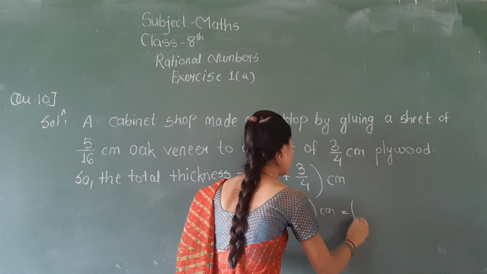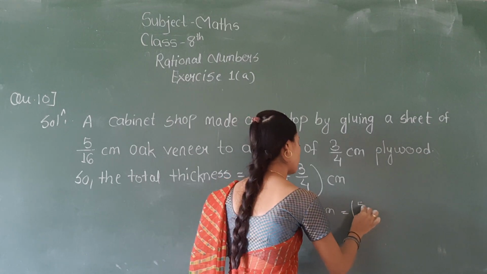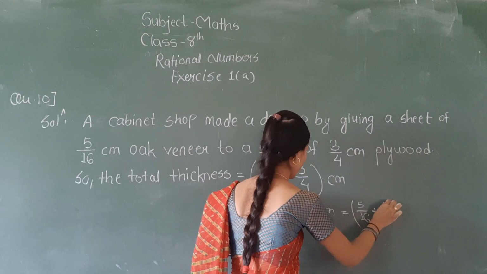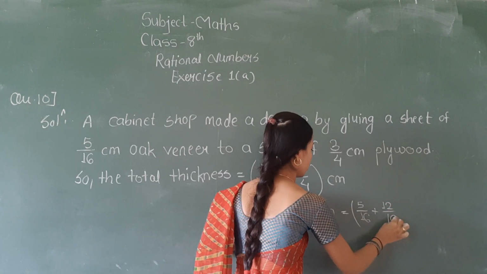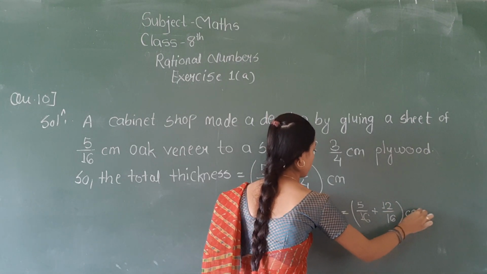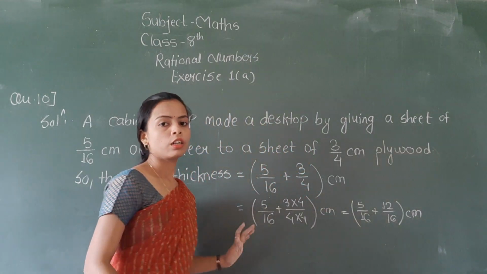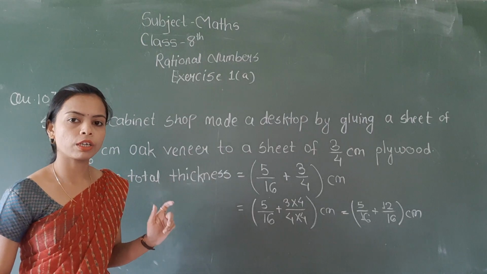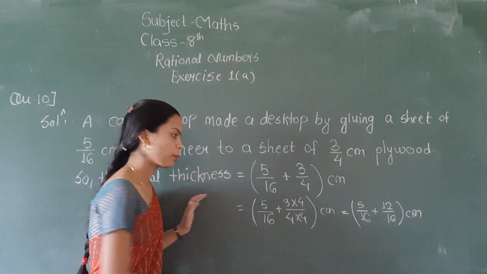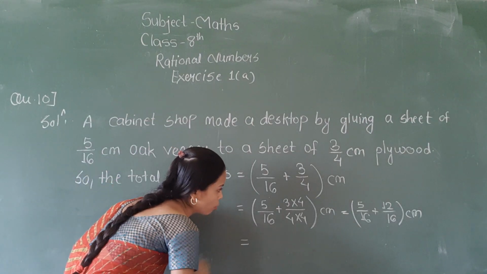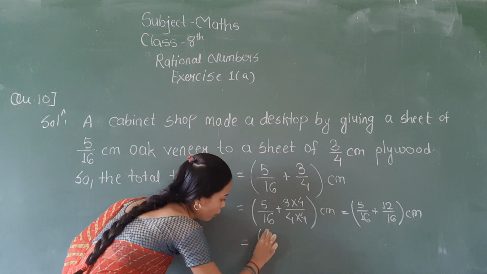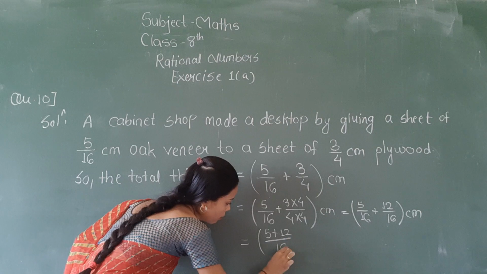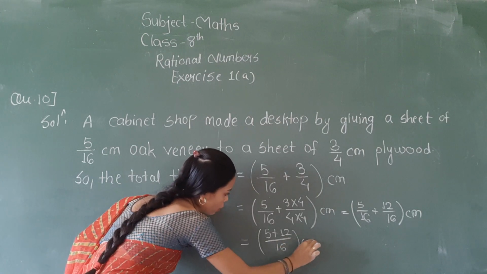Your answer is 5 upon 16 plus 12 upon 16 centimeter. Here now the denominator is same, so you can add the numerators directly. क्योंकि आपके denominator same आ गए, you can add your numerator directly, that is 5 plus 12 upon 16 centimeter.